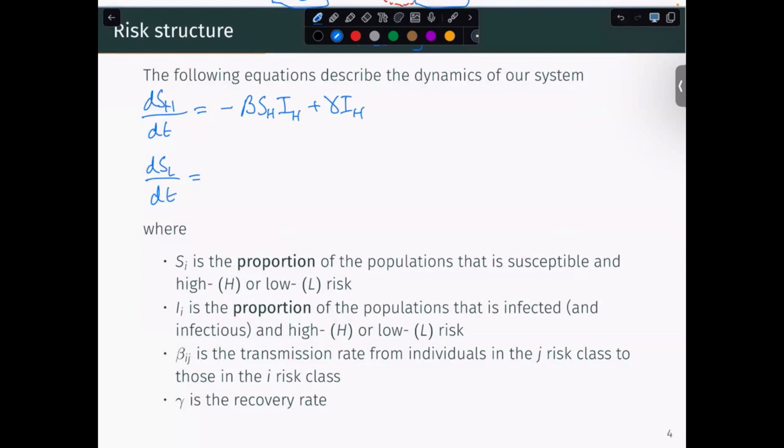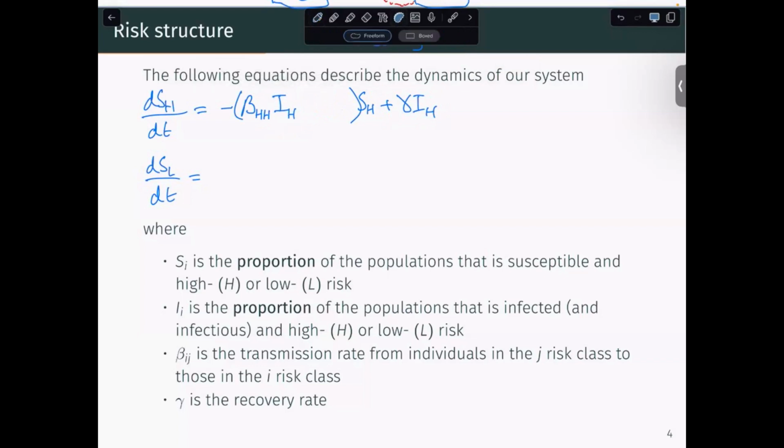Okay, but now we need to account for this heterogeneity. So now we need to account for both differences in transmission, beta, but also infection coming from our high-risk class as well as our low-risk class. So I'm going to call beta HH the rate of transmission from high-risk individuals to high-risk individuals.